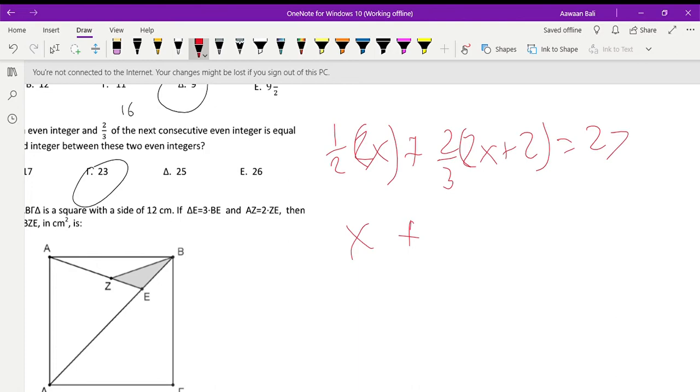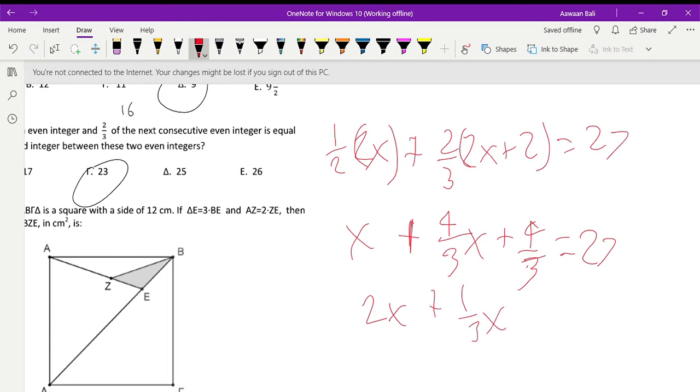And then 2 upon 3 of 2x plus 2 would be 4 upon 3x plus 4 upon 3. So I don't exactly recommend the algebra method. That's a bit complicated. So actually 4 upon 3, you can make that into 2x plus 1 upon 3x plus 4 upon 3 is equal to 27.